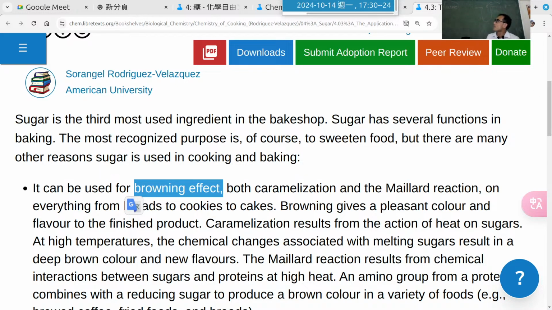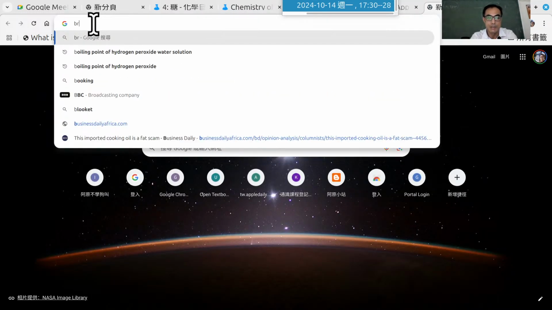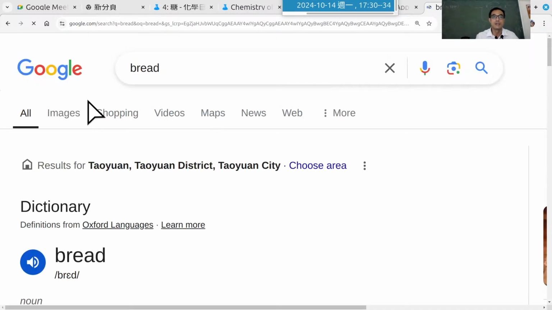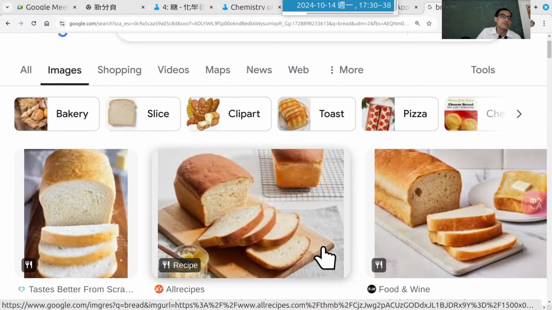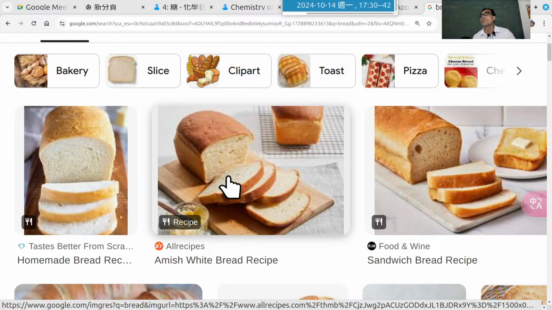Okay, let me show you this. This is the browning effect. That is a chemical reaction.